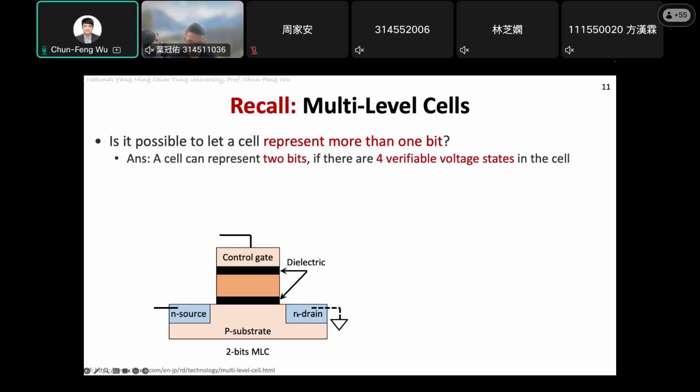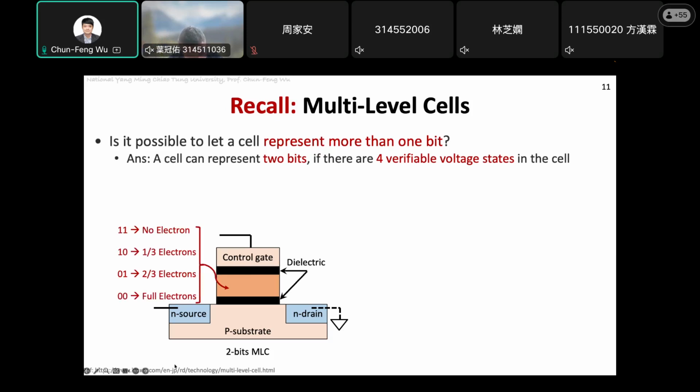Phison and some companies in China are trying to push this capacity. I think the concept is very similar, but the technical part is super different, but we will not go into the technical parts. I'll just give you some concept about what is the challenge and why it is so difficult to move from 1 bit to 2 bits and to 3 bits.